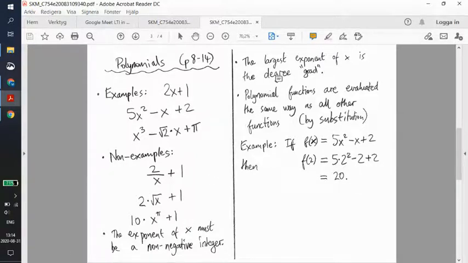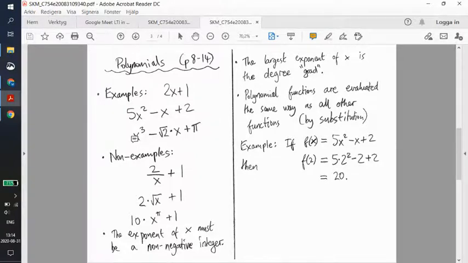Now, one key word that comes up a lot is degree. In Swedish, grad. That is the largest exponent that x has in the polynomial. Usually we write the term of highest degree first.